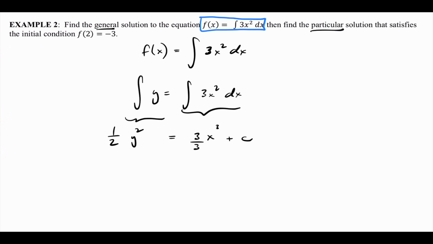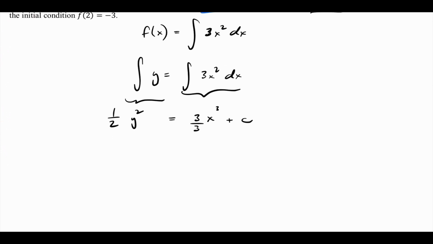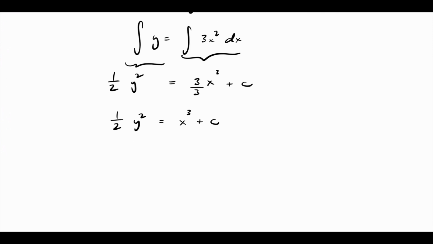What's that? Just x to the third. So when we clean it up a little bit, you're going to have 1/2 y squared equals x cubed plus c. This time, they weren't so nice. They didn't solve it for us yet.